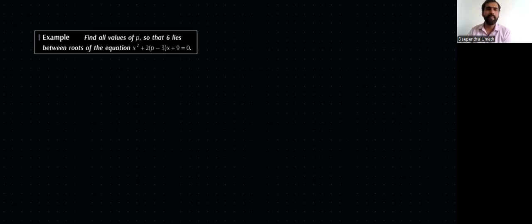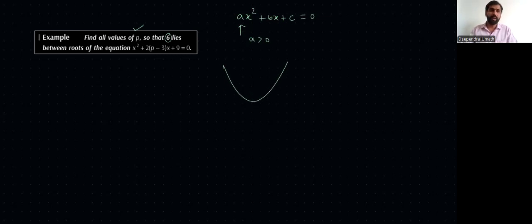We are asked to find all the values of p so that 6 lies between the roots of this quadratic equation. First of all, understand that if you are given a quadratic ax square plus bx plus c equal to 0, if the coefficient of x square, which is a, is positive, then we know that it is going to be an upward facing parabola. The graph of this quadratic expression is going to be an upward facing parabola.